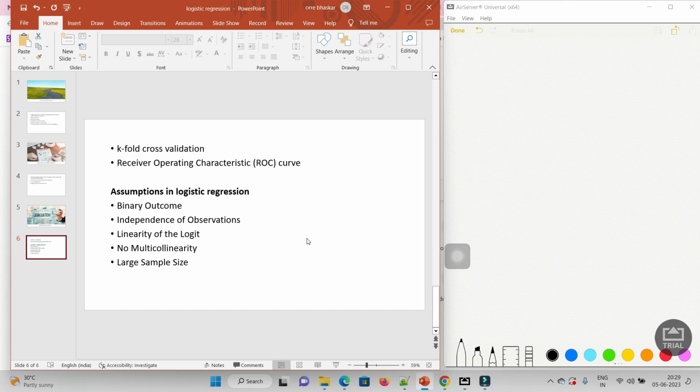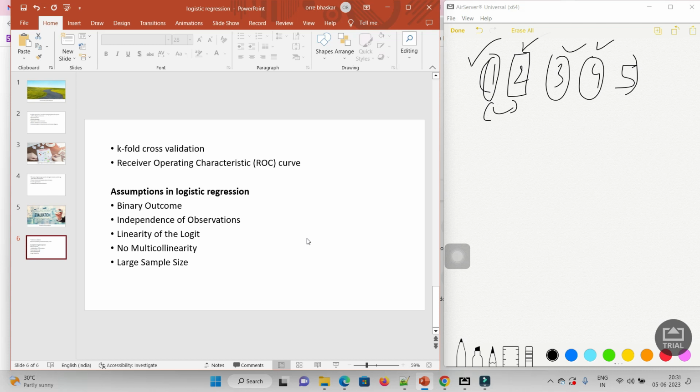So what are those? Let's take an example. Let's take 1, 2, 3, 4, 5. These are the categories. Taking one category as one model and another category as one model, that is one versus one. Similarly, taking one category as one model and another category as one model.